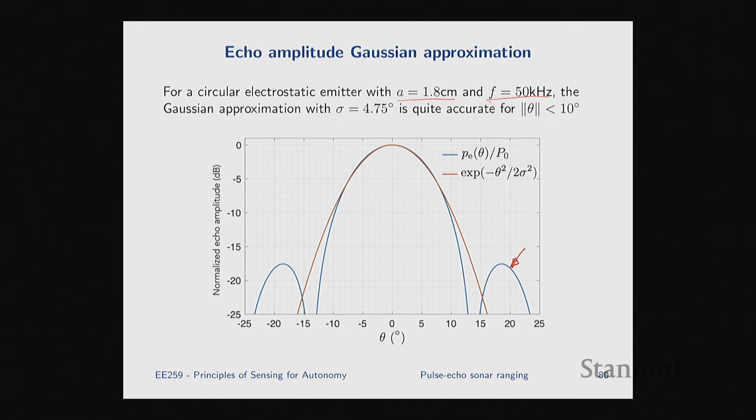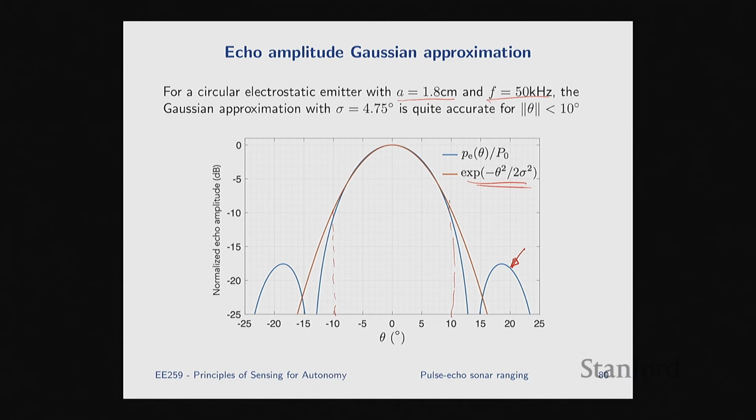And then the red is a Gaussian that I fit to it. And as you see, for thetas that are between, say, plus and minus 10 degrees, the red and the blue are almost on top of each other. So we can use the Gaussian function as our signal model to analyze our ranging error. It's much, much easier to work with.